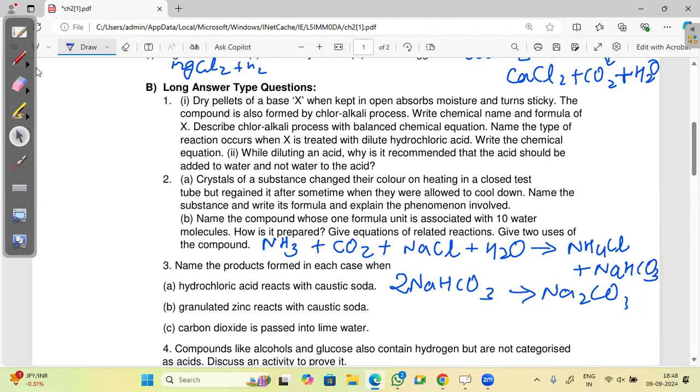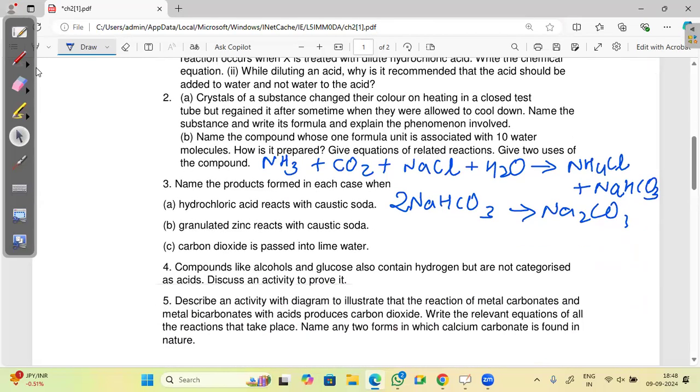Name the products formed in each case when hydrochloric acid reacts with caustic soda. NaCl plus H2O. Okay, that's correct. And granulated zinc reacts with caustic soda. Caustic soda is NaOH.